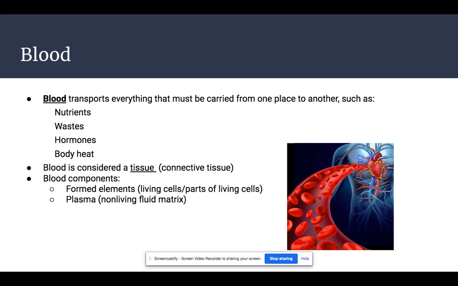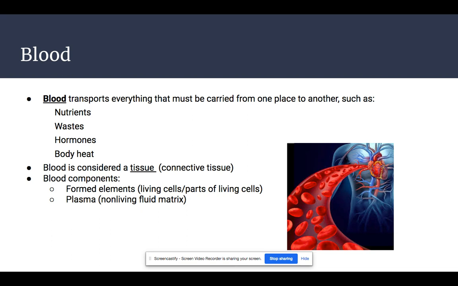So blood is actually considered a type of tissue. It's a connective tissue, again, because it connects other systems throughout the body and allows for transport of things. So that's going to be a connective tissue, but it's the only liquid tissue found in the body. And there are two different types of components of this blood.